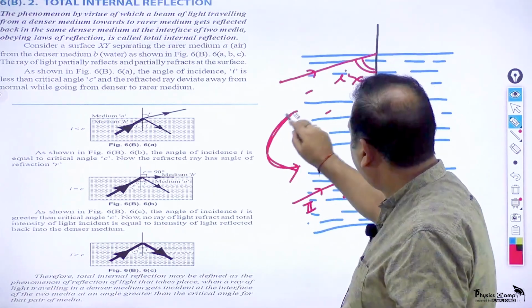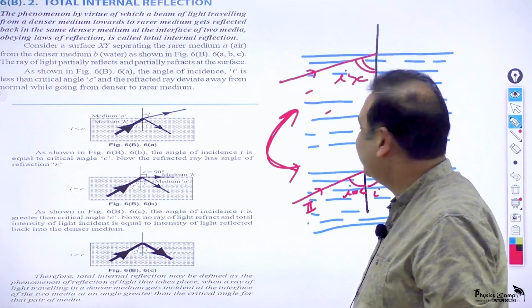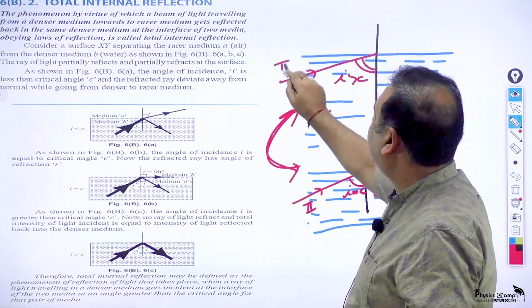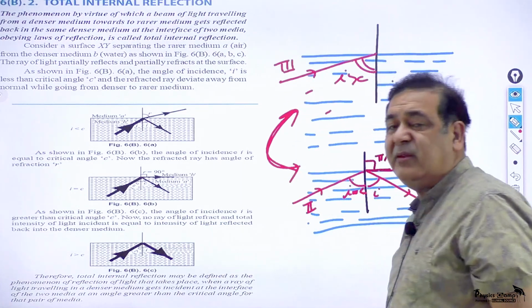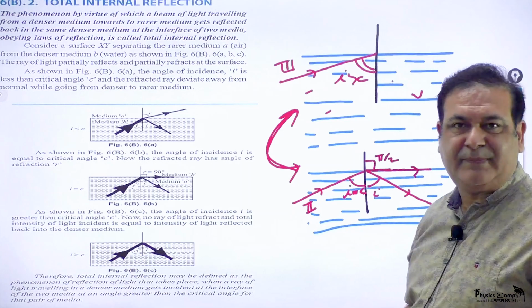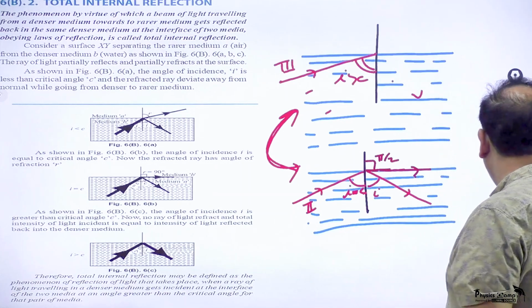So this is the third situation where the angle of incidence is more than the critical angle. In this case, what will happen?